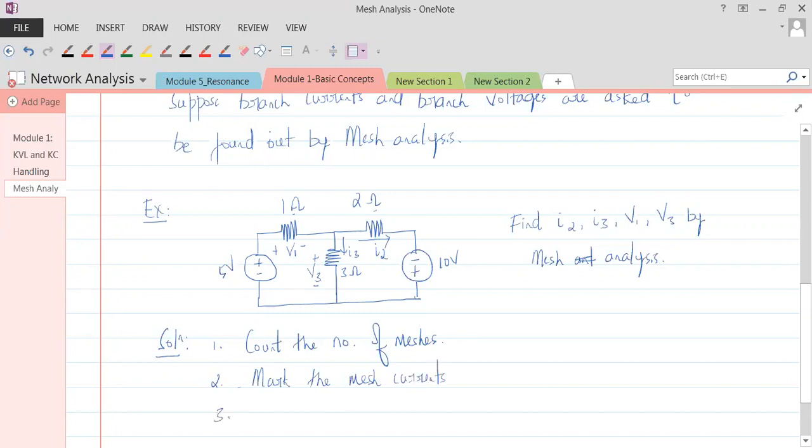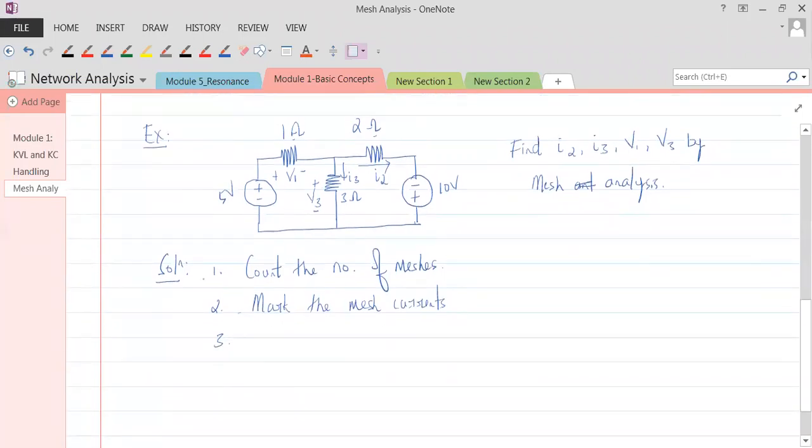Okay, after marking, what would you do? You would find mesh currents. After you mark, you find mesh currents by applying KVL.